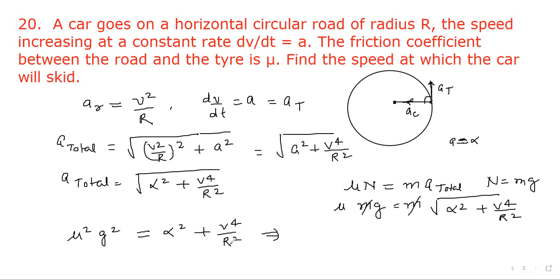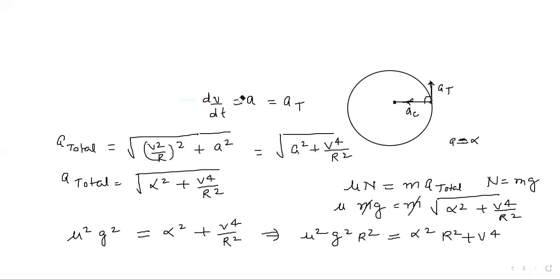Now let's simplify it further. So we can multiply each term by R square. So mu square g square R square equals alpha square R square plus v power 4. Now let's simplify it further.